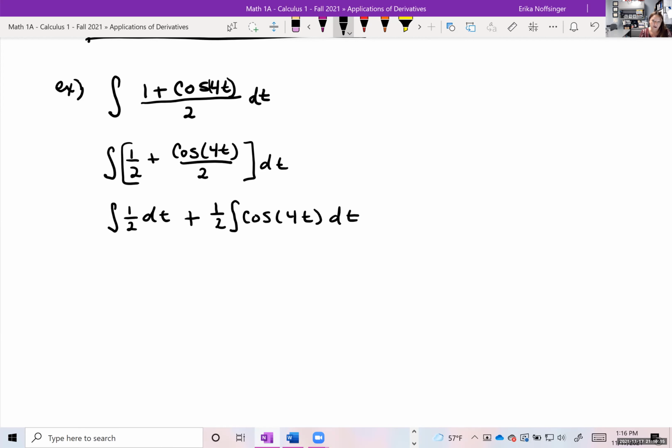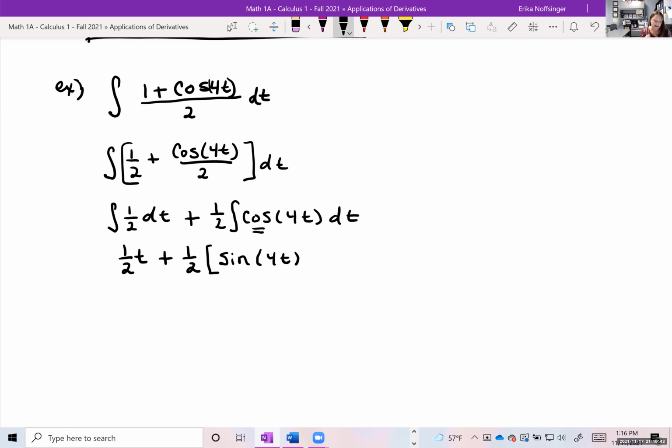So the integral or antiderivative of a constant is that, and our variables are in terms of t, not x. So this would be 1/2 t plus 1/2. We're thinking to ourselves, what do we take the derivative of to get cosine? Well, the derivative of sine is cosine. So sine of the inside, 4t.